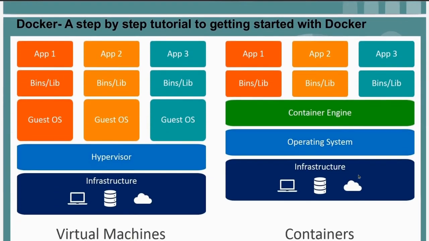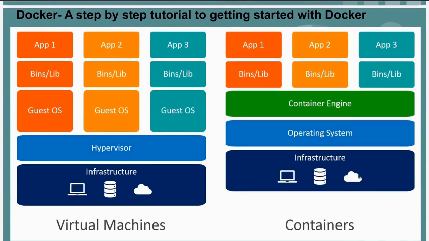Here I have one image, one picture, from which you can understand the virtual machine and the container. Suppose we have app 1, app 2 and app 3. Here we have a separate library for app 1, a separate library for app 2, and a separate library for app 3.